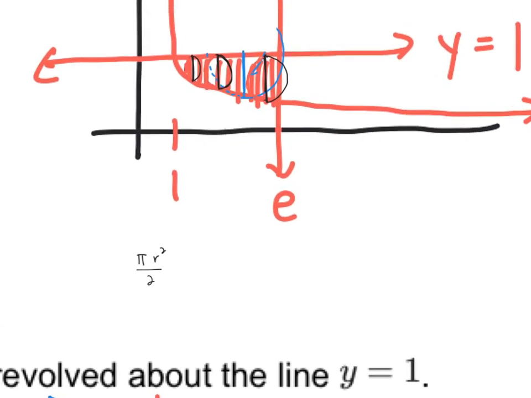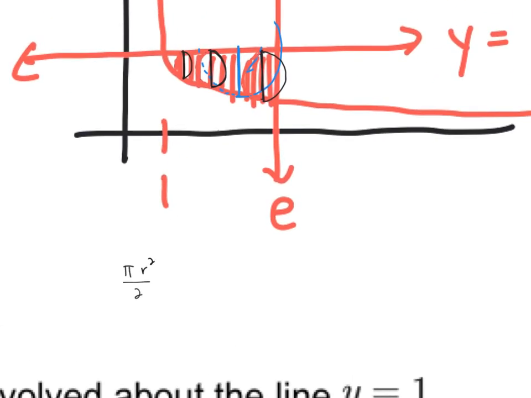And now we need to get that radius in terms of the function. So think about this diameter. The diameter of this is 1 minus 1 over x. So we'll divide that by 2 to get the radius. The radius is 1/2 times 1 minus 1 over x.